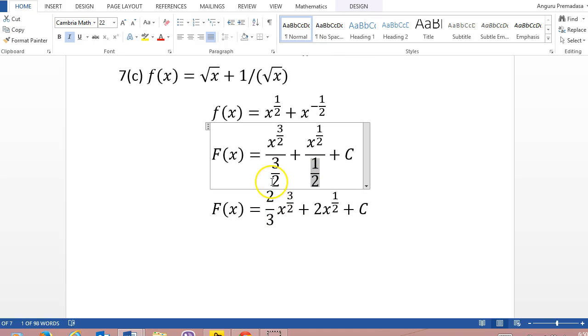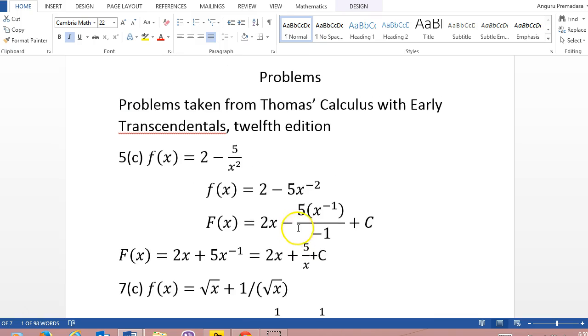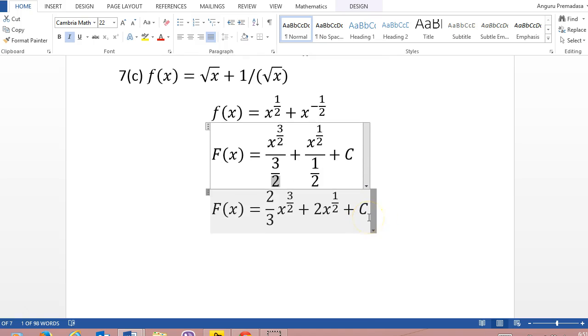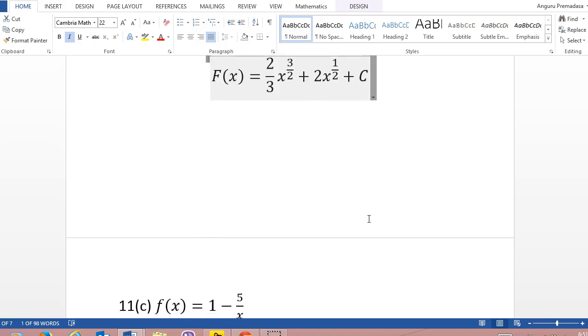Now you can clean it up by taking the 2 to the top, so it becomes 2/3 x to the 3/2 plus 2 times x to the 1/2 plus c. So in both these examples, we used the sum rule or the difference rule, and we rewrote the terms using positive powers before we actually found the antiderivatives.